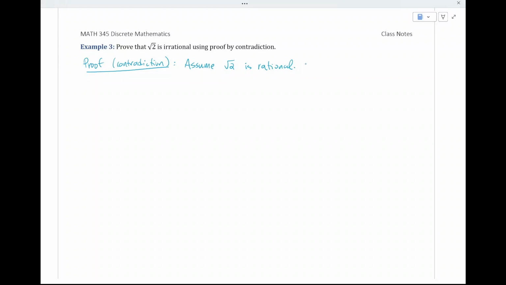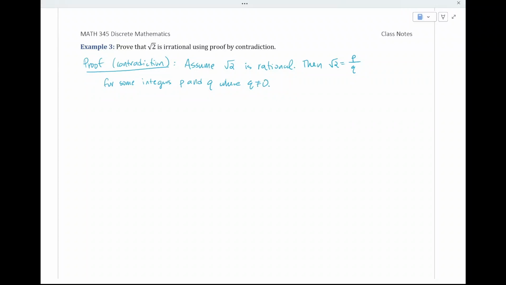And if we know something's rational, then we can write the square root of 2 as P over Q for some integers P and Q, where Q is not equal to 0. That's what we can do with rational numbers, we can write them as a fraction.